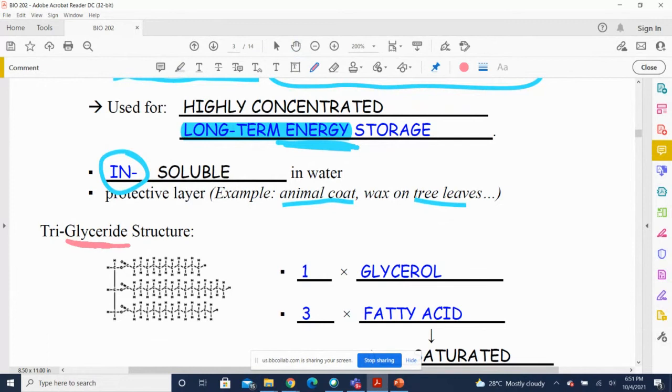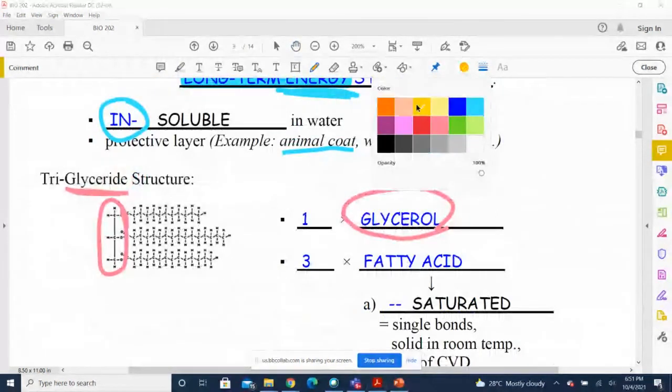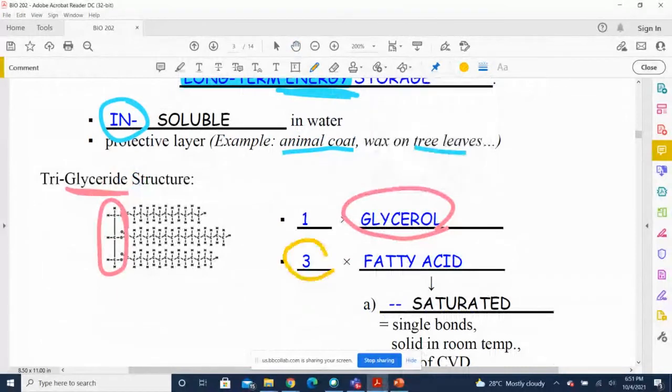So I've circled the glycerol with a pinkish color, and then you of course remember that we have three fatty acid chains in each triglyceride molecule.